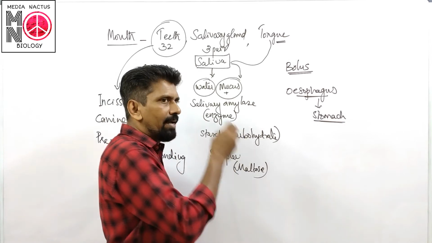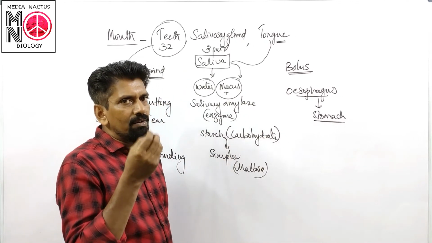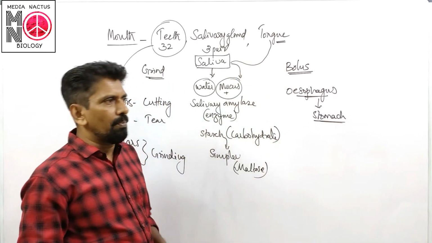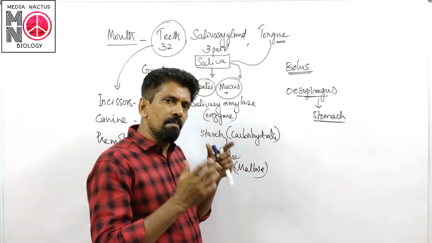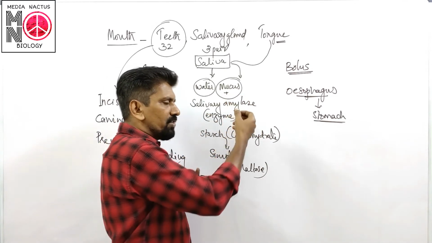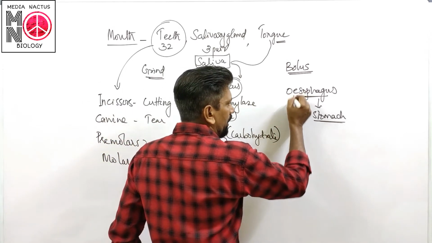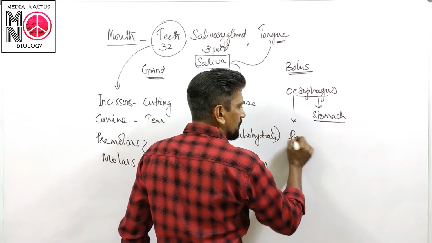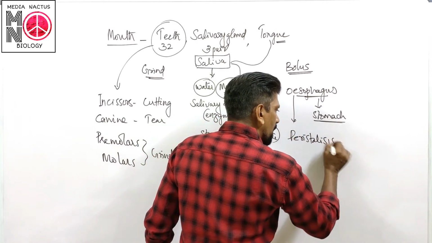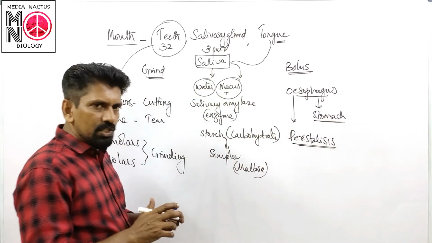Not only the esophagus, the different regions of the intestinal region may have that type of movement. Particularly in the esophagus, it is with the help of the muscle present in the inner regions of the wall, and that particular movement is known as peristalsis. So peristalsis enables the food to move easily toward the stomach.